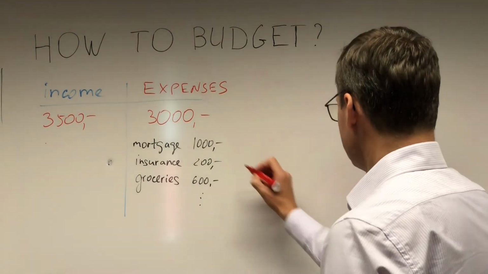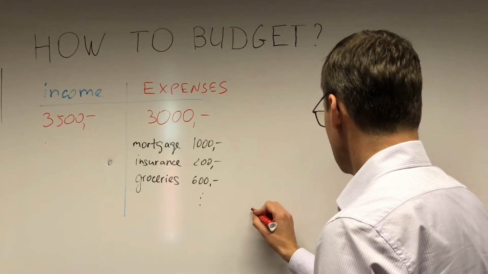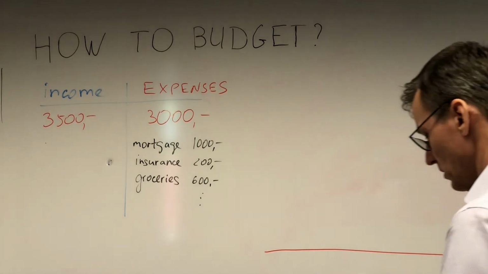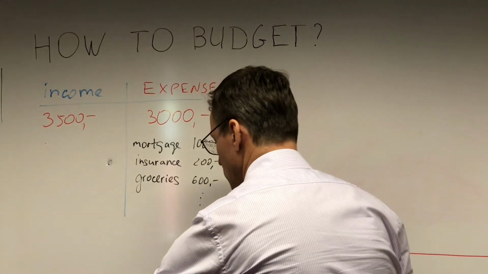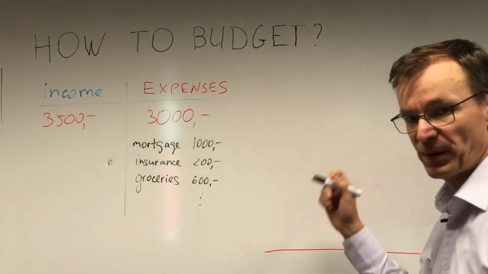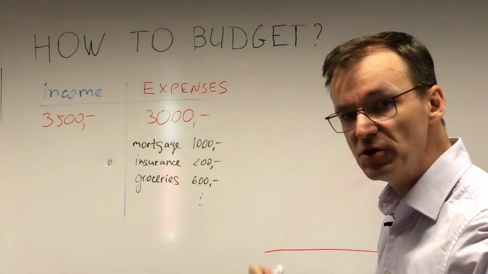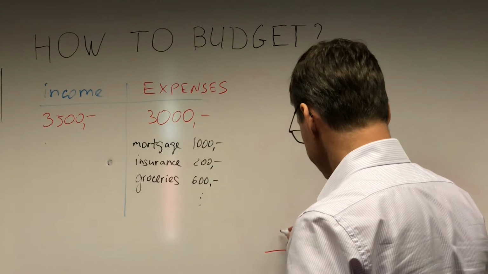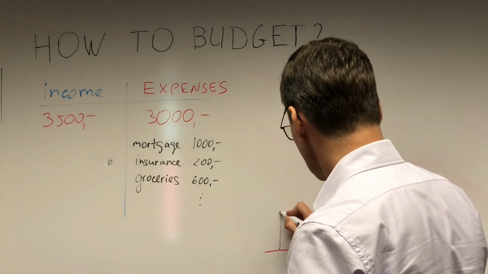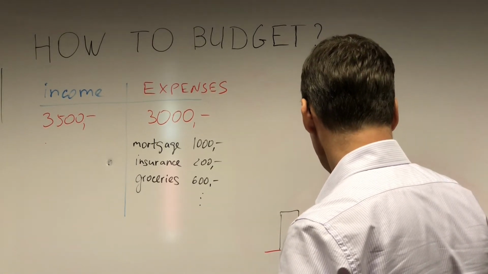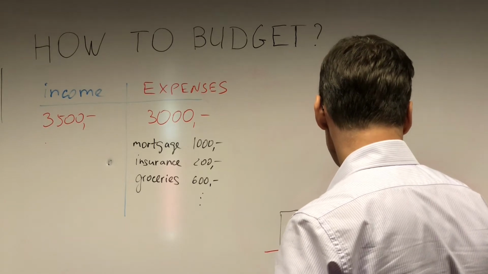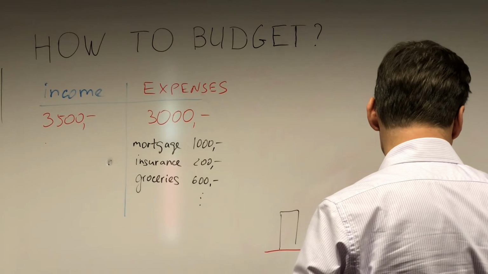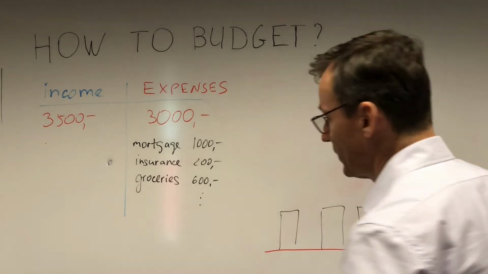If we take again this line, let's make it a bit bigger, then we see that some of those expenses are the same each month. They're literally the same, like mortgage. You have it each month. It changes now and then, but for our budget, let's say that it's the same.